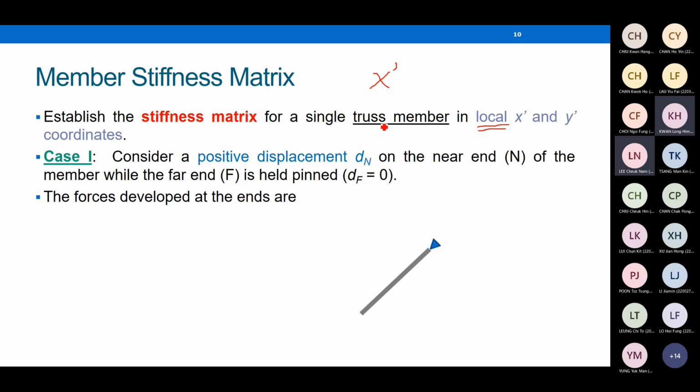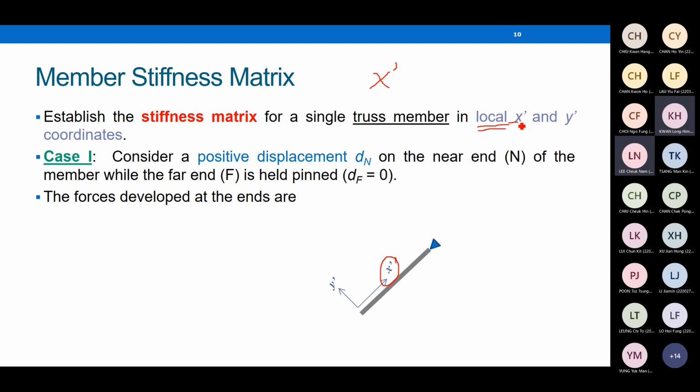The prime here, x prime and y prime, they are the local coordinate system. Why do we call this local? Because this is how we define it. X prime is the axis along the member length. Y prime is orthogonal to x prime. Why local?